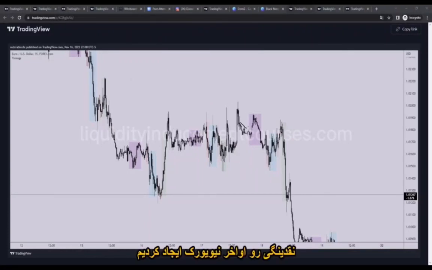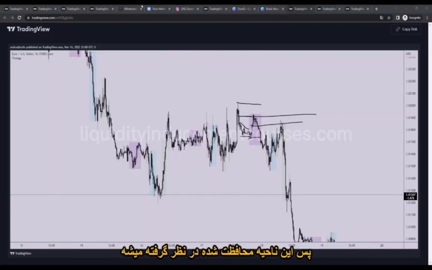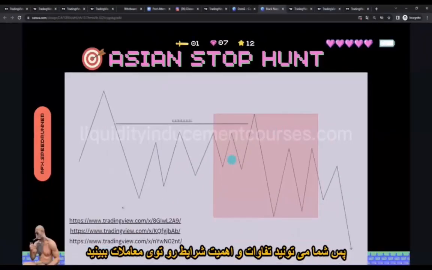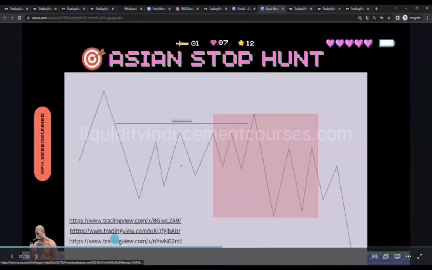We created liquidity in the late New York. That liquidity was swept. It mitigated something, and then we break structure, right? So then this zone becomes protected, and you can trade off this with the higher time frame context again. So you see the difference, and you see the importance of it.